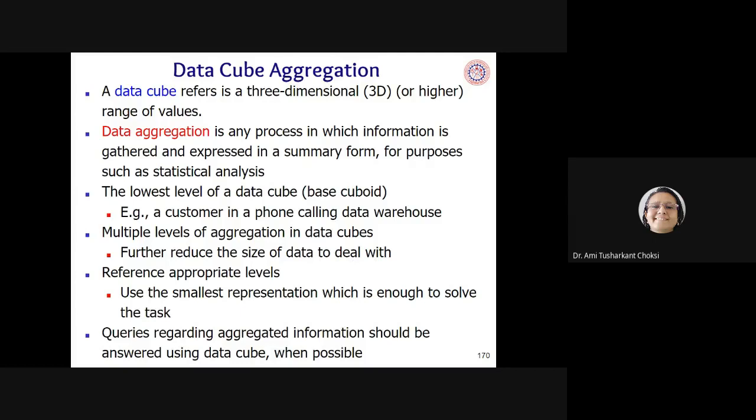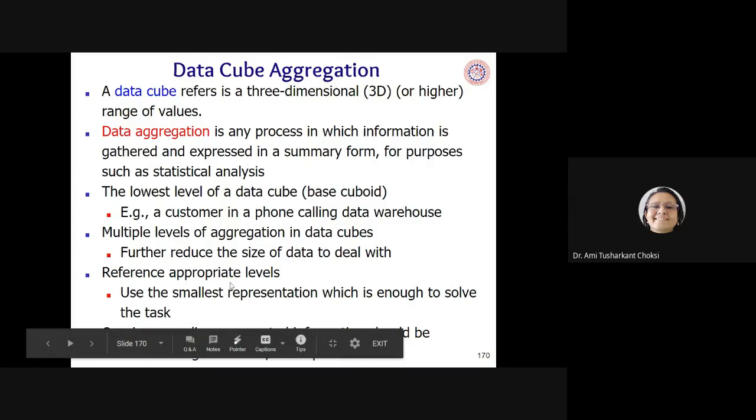What we are learning is data cube aggregation. But why are we learning it? Because we want to reduce the data, isn't it? Reference appropriate levels. Use the smallest representation which is enough to solve the task.